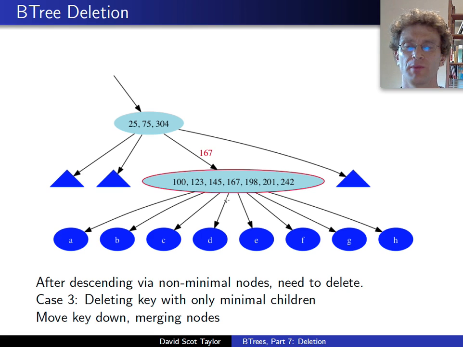I can delete from a node if it has a non-minimal successor or predecessor, and if both its successor and predecessor are rooted at minimal sized nodes, then I can move it down. Now I continue. 167, who knows? Maybe it gets pushed down. Maybe it gets pushed down again. If D and E are both minimal nodes, it would be pushed down again. Okay.